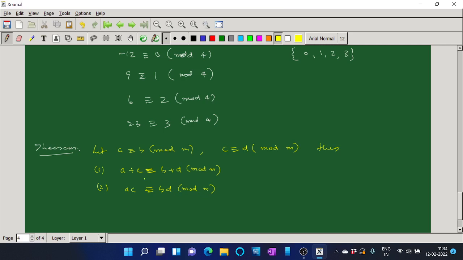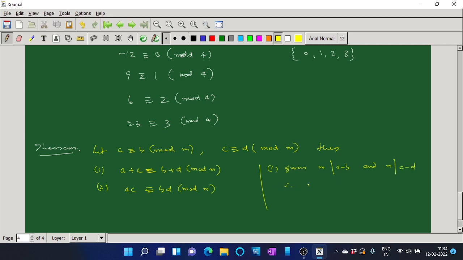Proof is very simple. We want to show a plus c is congruent to b plus d mod m. So, it is enough to show m divides (a plus c) minus (b plus d). Here, proof of 1: given a is congruent to b mod m and c is congruent to d mod m. That is, given m divides a minus b and m divides c minus d.